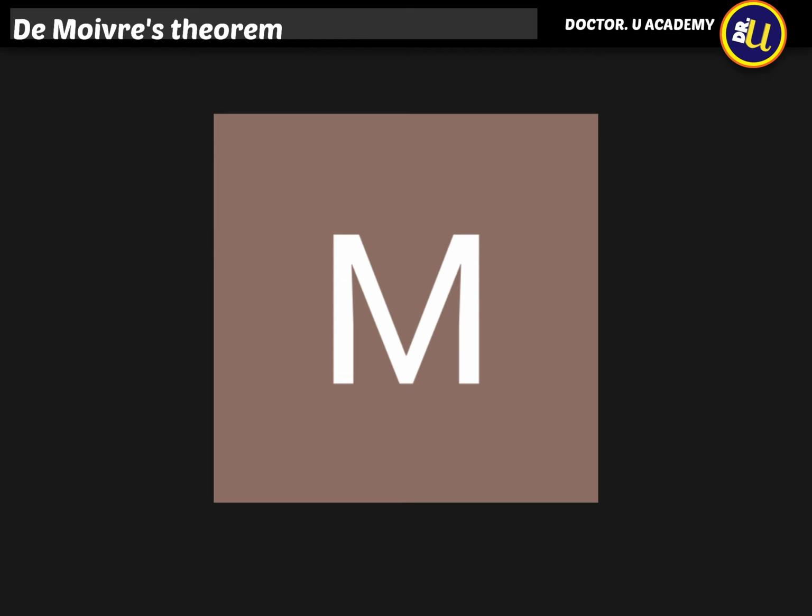So now I have 1 plus i to the power 3. So I'm going to use de Moivre's theorem. So this is what I have. I'm going to rewrite here: 1 minus square root 3 i, the whole thing to the power 5.